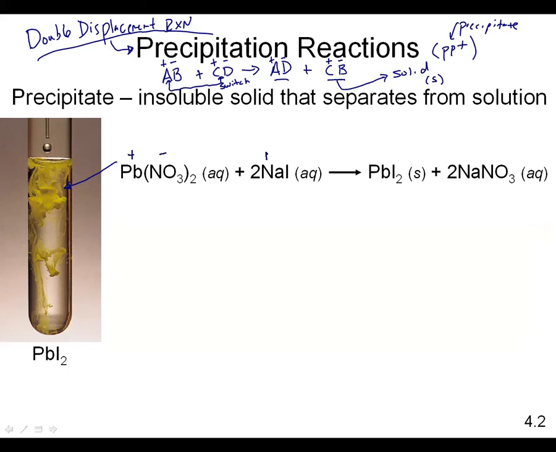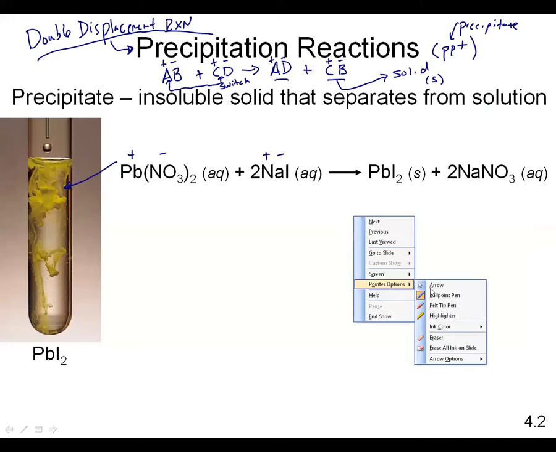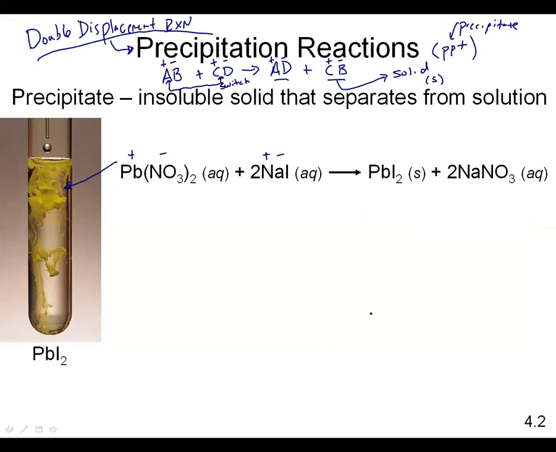This sodium iodide is also a positive and negative. And in this case, that means this is your classic double displacement reaction, the way it's set up. The two positive guys are going to switch partners.